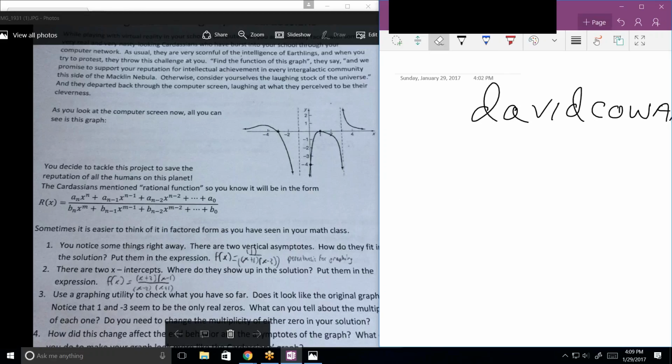And let me move down a page. All right, so actually your answer on number 1 looks correct. There are 2 x-intercepts. Where do they show up in the solution? Put them in the expression.